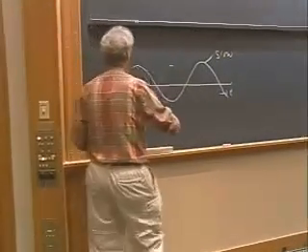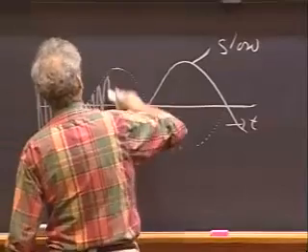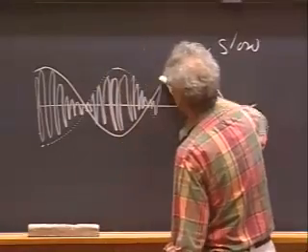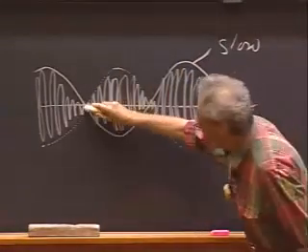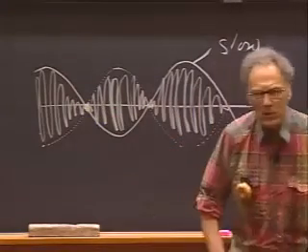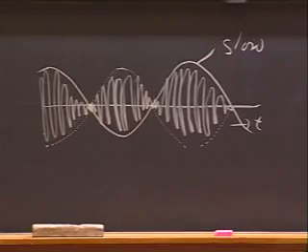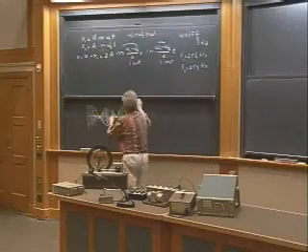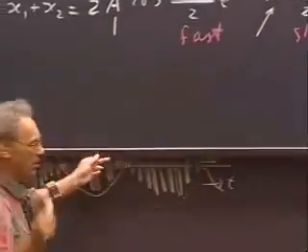And the net result is this. This is the fast one. And so you see right here is when the slow one is 0. So the slow one kills the amplitude. You can think of this as an amplitude modulation, that the A is multiplied by that cosine function.